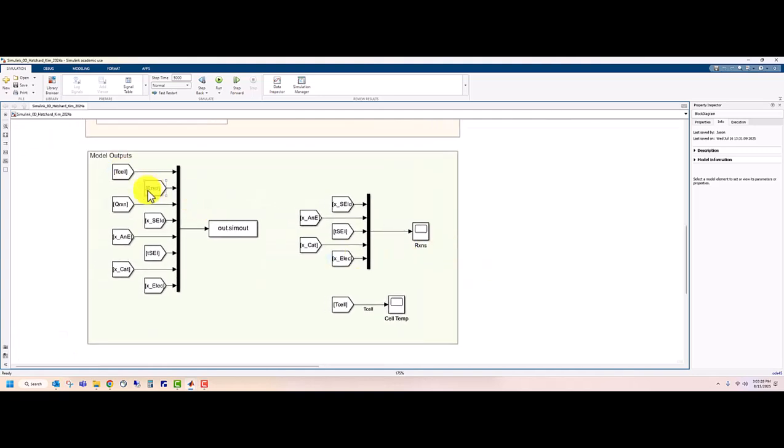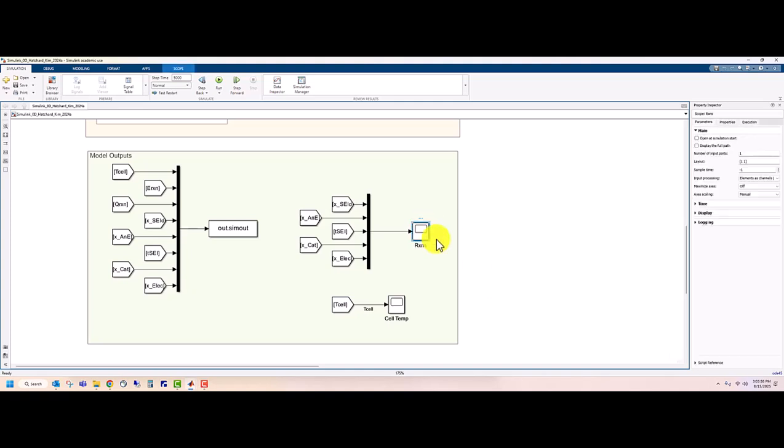Here I've taken the different go-to blocks and dropped them as a from block. And each of these different parameters is put together into a single bus and then dropped in this out.simout. And what that does is store all of this data to the MATLAB workspace, and you can work with that in post-processing. You could also use scopes like I have here.